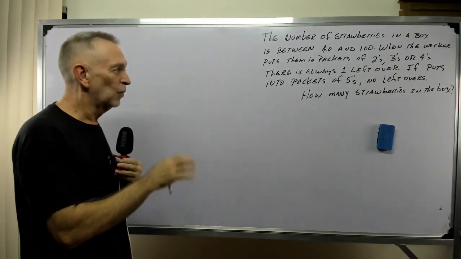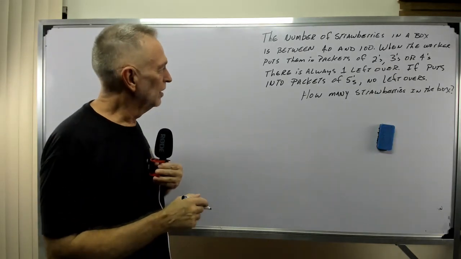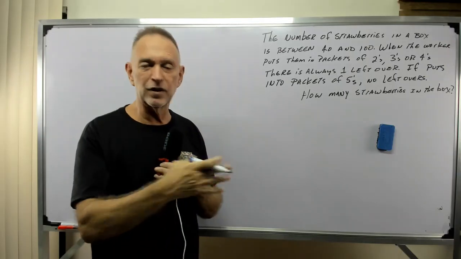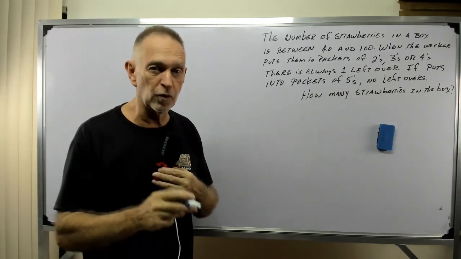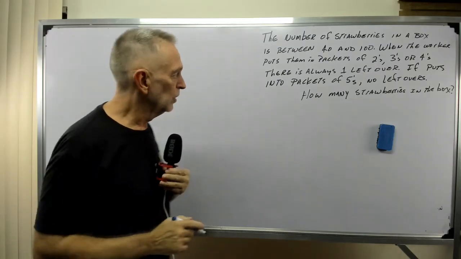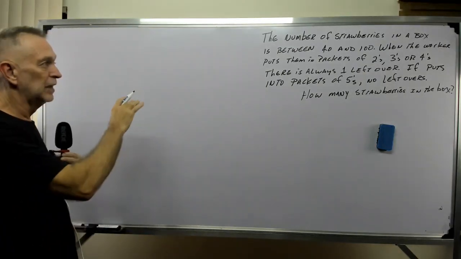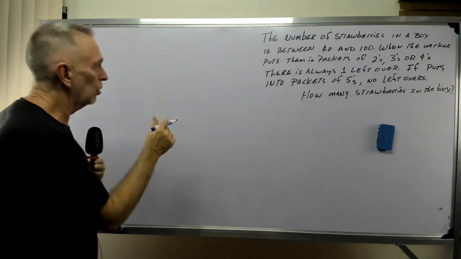Well, the way you can approach this, or at least this is how I approached it, was if he puts it in packets of 5, there's no remainder. So we know the number is divisible by 5. And it's between 40 and 100. So we'll say if it's between 40 and 100, they're not included.